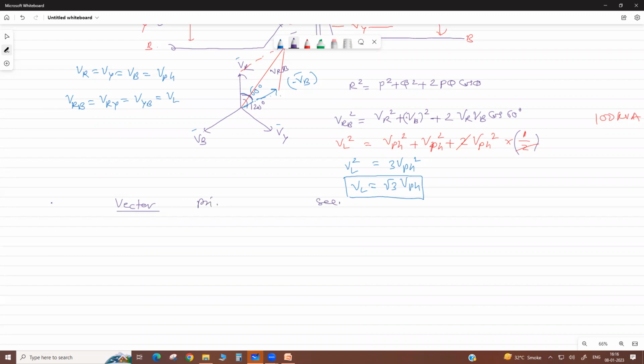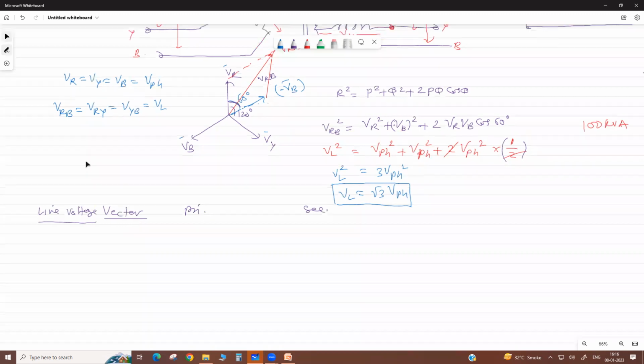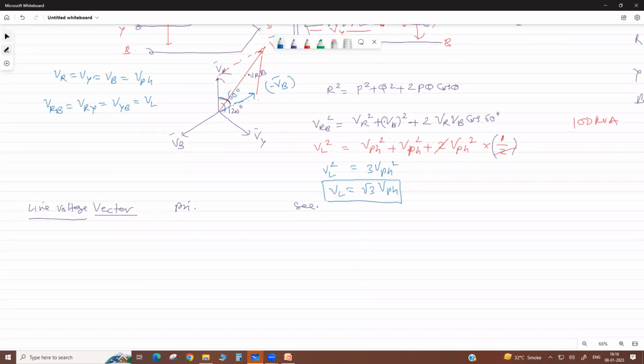We compare the line voltage phasors. Your line voltage phasor here on the primary side is like this, and the others are like here.